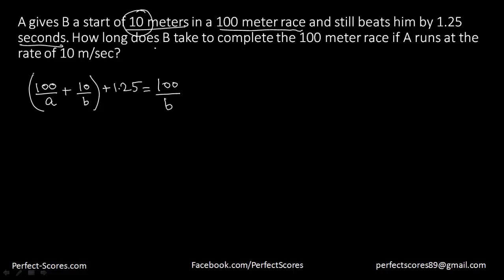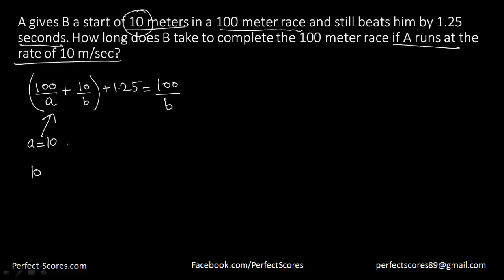Now the question is asking how long does B take to complete 100 meters if A runs at the speed of 10 meters per second. So A is actually given to us to be 10. So what we can do is we can actually substitute the value of A to be 10 here.